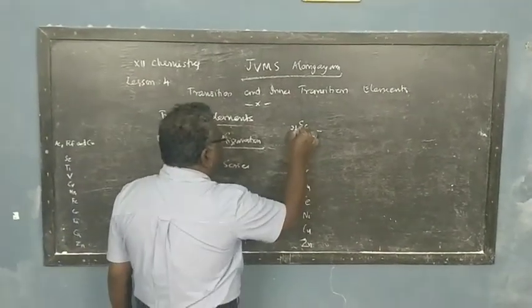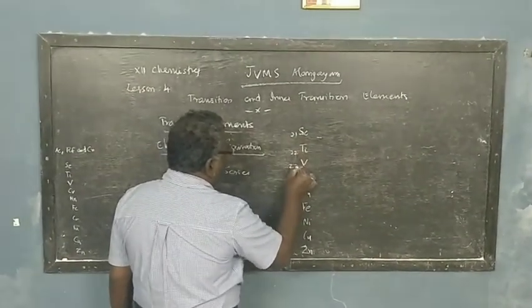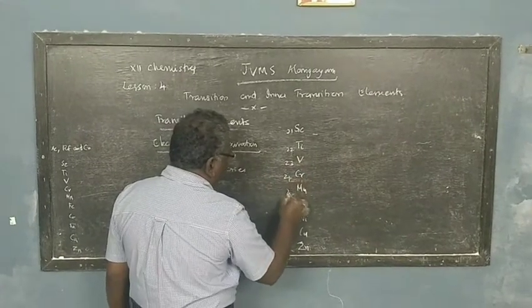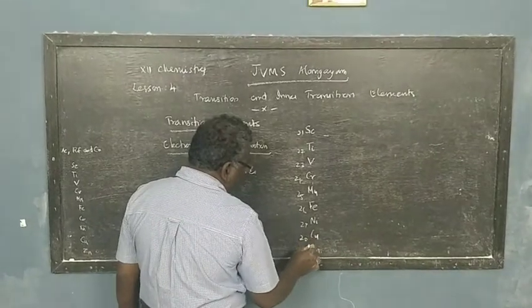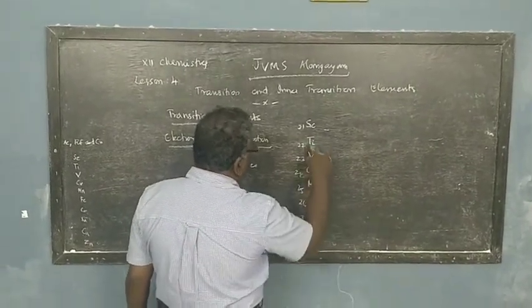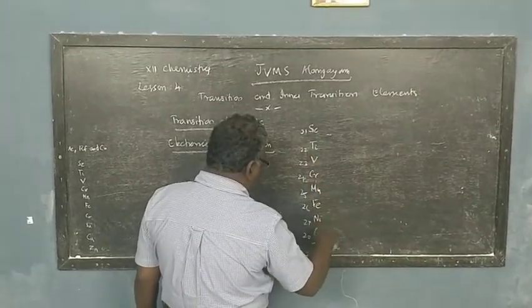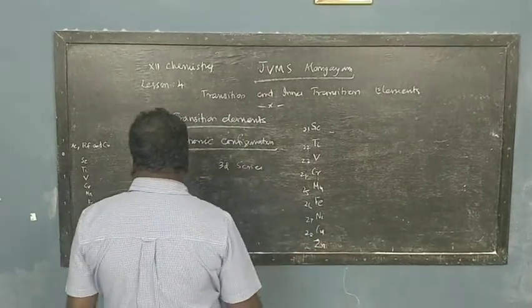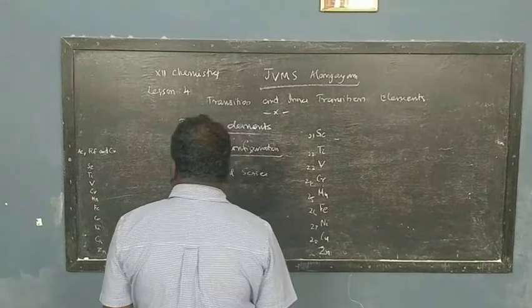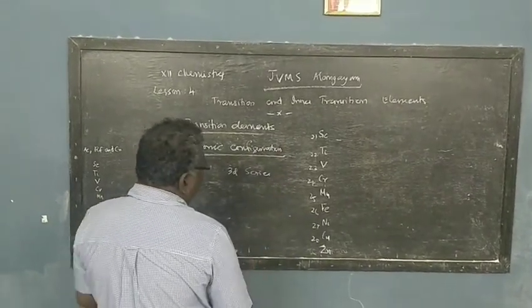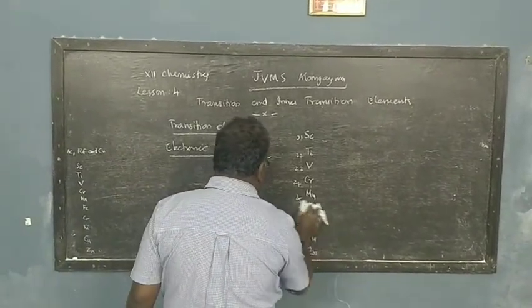The atomic numbers are 21, 22, 23, 24, 25, 26, 27, 28, 29, 30. So it is scandium, titanium, vanadium, chromium, manganese. One metal is missing.